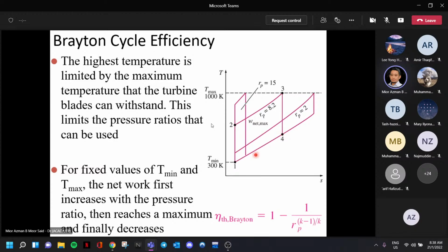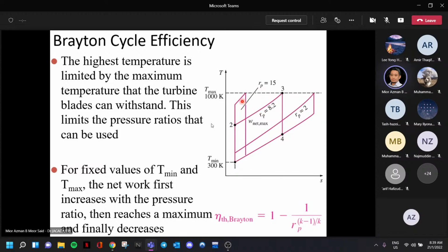So here, if your pressure ratio is 2, the net work output will be just the area under the curve here. But if you increase the pressure ratio up to 8.2, we have a bigger net work here, which is the maximum work output.